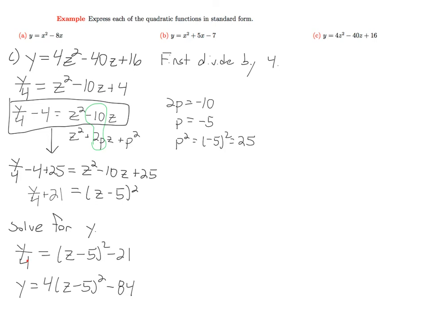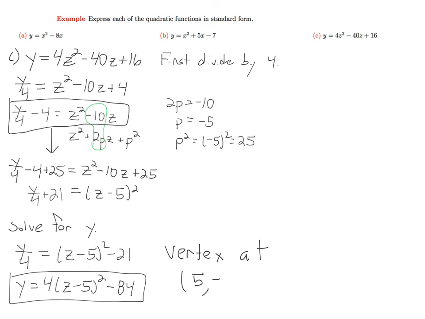So I need to distribute this 4 both to the z minus 5 squared term, and it gets distributed to the 21 term. So now we've written the function in standard form, and we have a vertex at 5, minus 84.